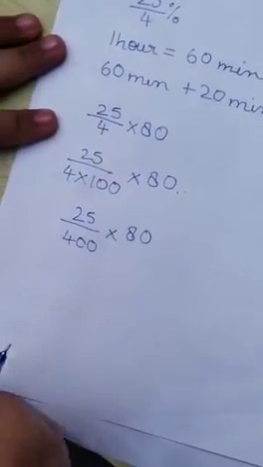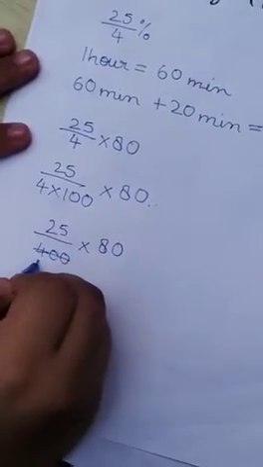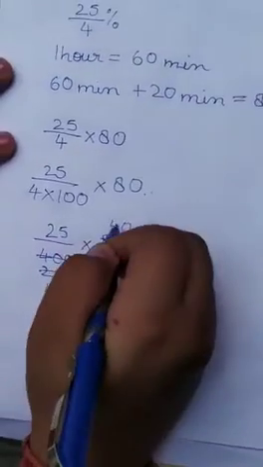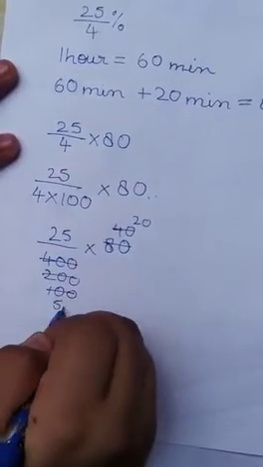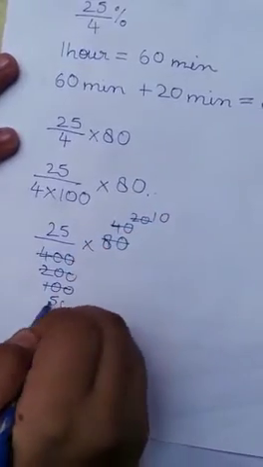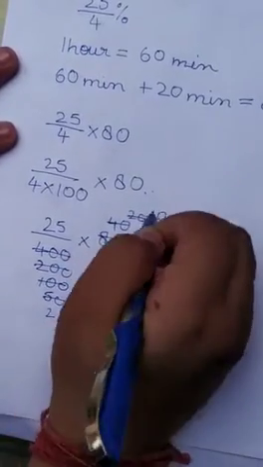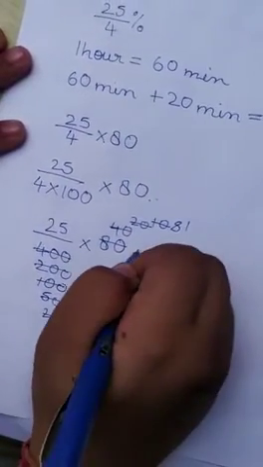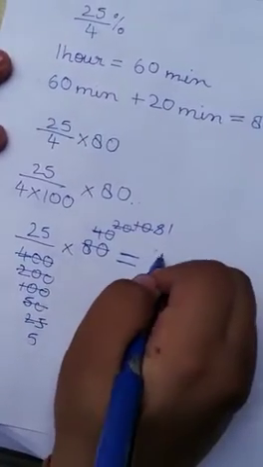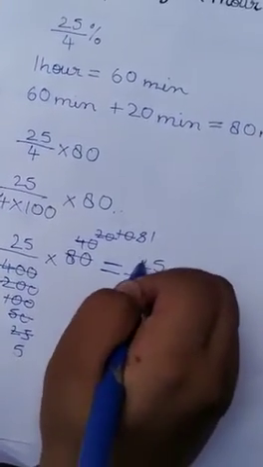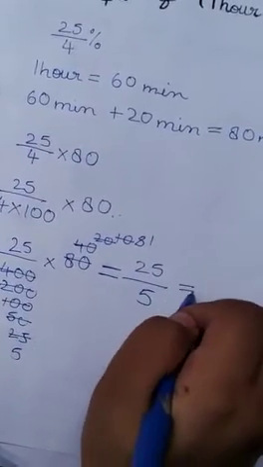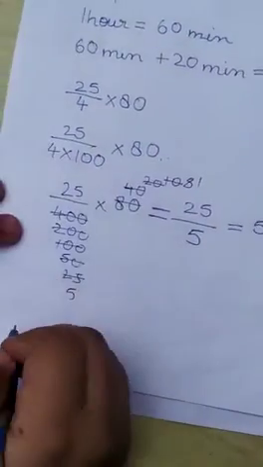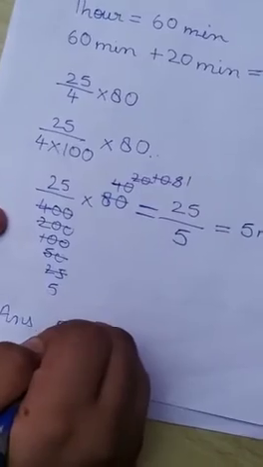Now we will reduce them. 2 2s are 4, 2 4s are 8. So the answer is coming 25 upon 5. Now we have to divide them. So we are getting 5 minutes. So the answer of this question is 5 minutes.